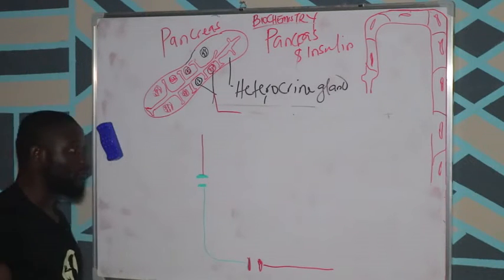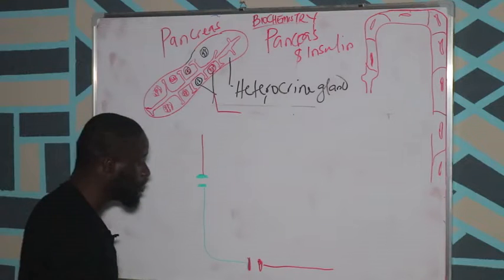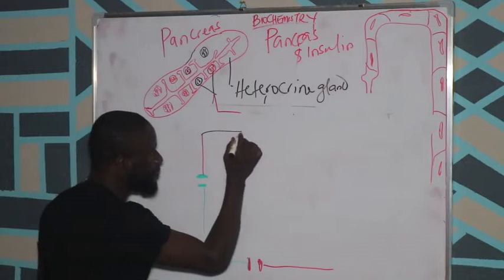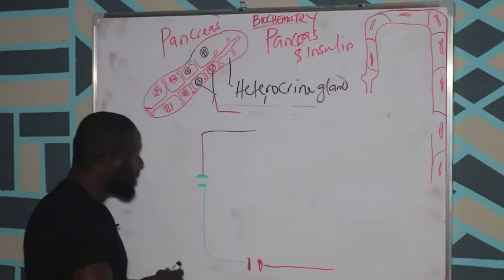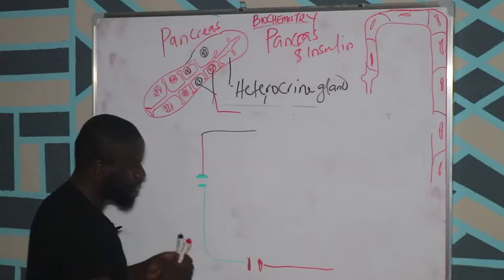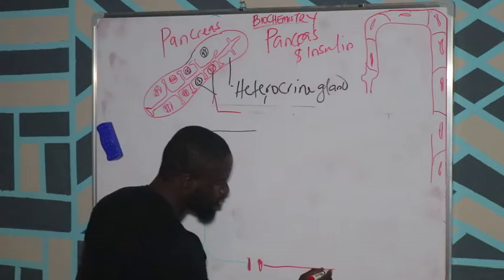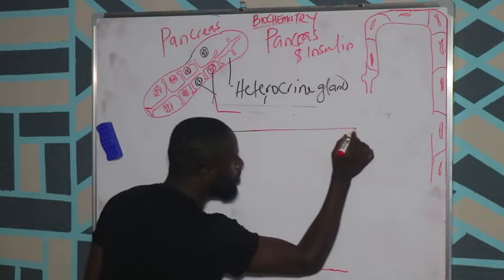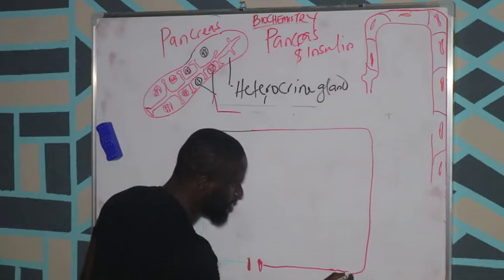So do not forget to understand that the stimulus for the production of insulin is hyperglycemia. So I'm zooming into a beta cell, which is responsible for the production of insulin.